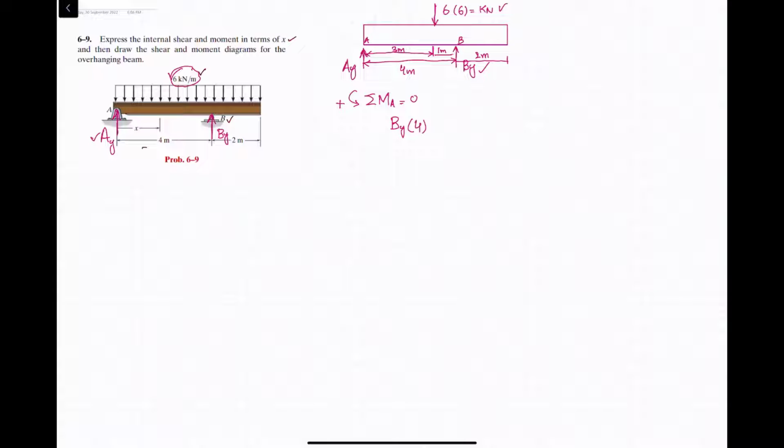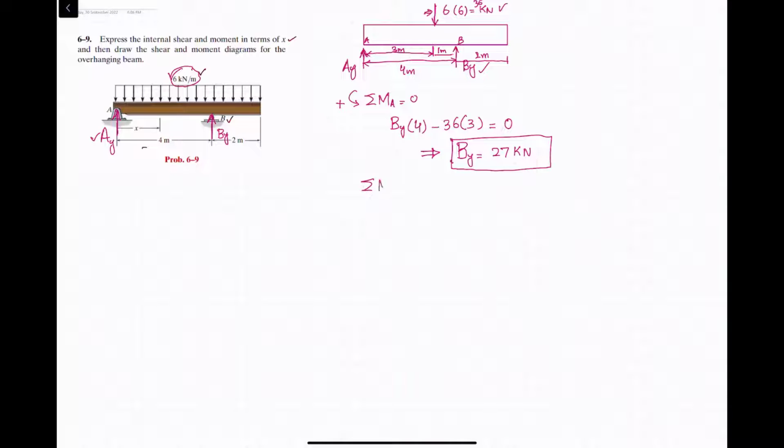The second force is this 36 kilonewton, so minus 36 into perpendicular distance 3. This is producing clockwise moment, so it will be minus. Their sum must be equal to 0. When you solve this, you will get BY equal to 27 kilonewton. So this is your first reaction force BY.